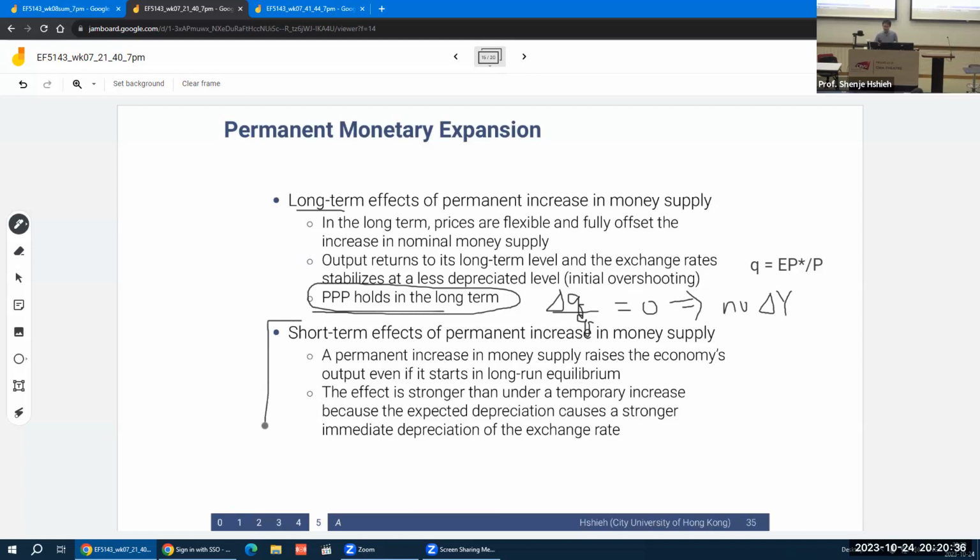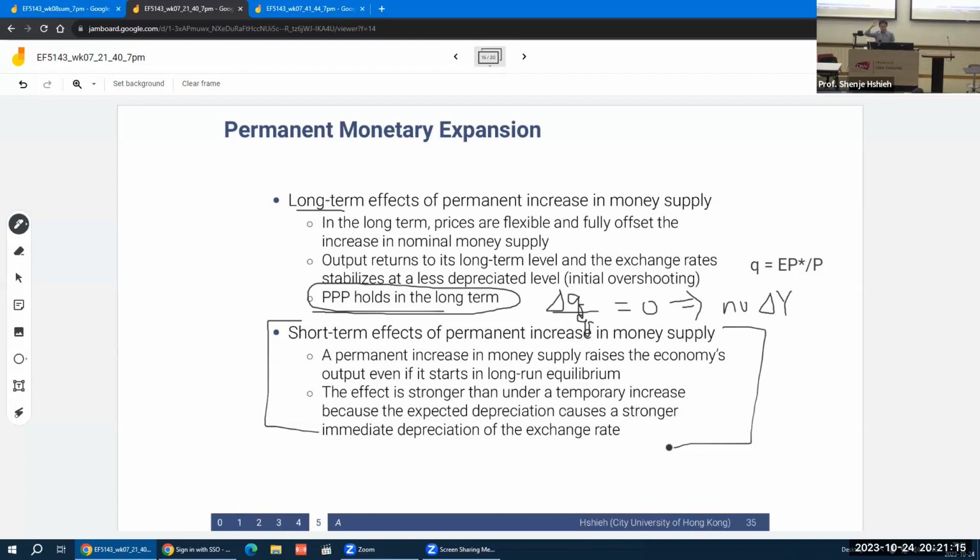So I already described the short-term effects. The reason why we get a much more amplified change in the spot exchange rate is precisely the same reason given with the overshooting from week up to week 5. You get an overshooting because expectations also change in response to changing money supply. As a result, the spot exchange rate is much more elevated than in a temporary scenario, and so you get a much more amplified output effect, with all the feedback.